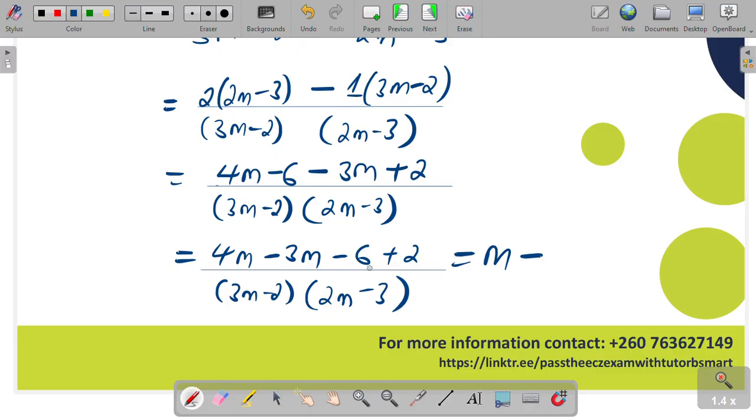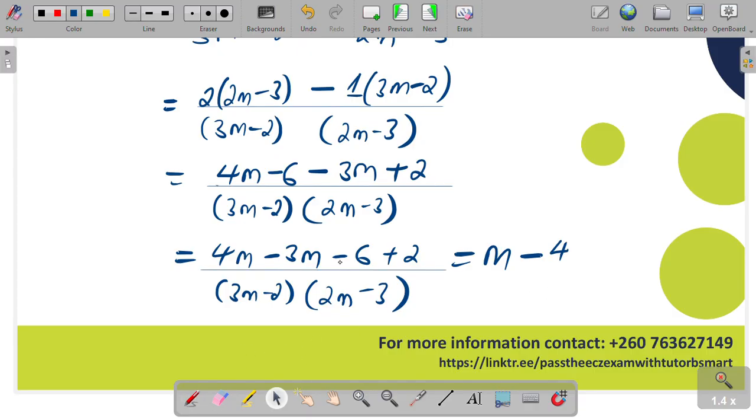Then negative 6 plus 2. Pay attention to this sign. On your number line, this will give you a negative 4. This is why I've written the sign first. Negative 6 plus 2 is 4, and you take the sign of the bigger number. So our answer here will be negative 4.